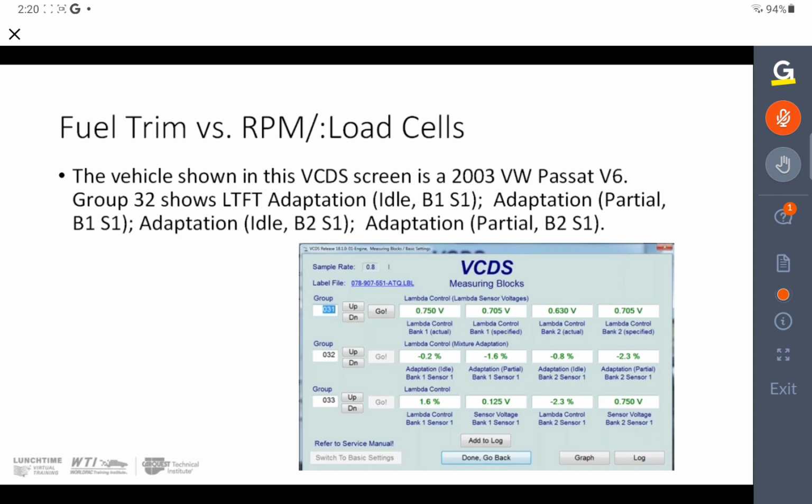So in group 32, we have adaptation at idle for bank 1, sensor 1. We have adaptation for off idle or partial throttle for bank 1, sensor 1. And then we have adaptation idle for bank 2, sensor 1, and then adaptation partial, which is off idle, for bank 2, sensor 1. So it's showing you a group of similar data PIDs all within that group.